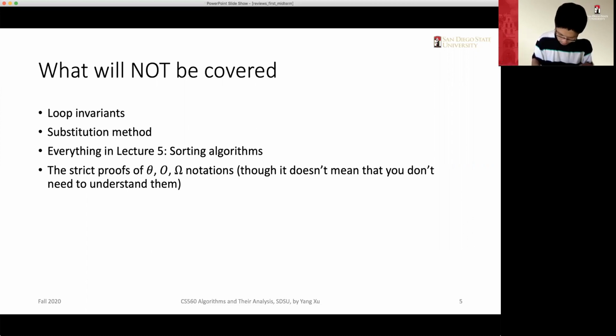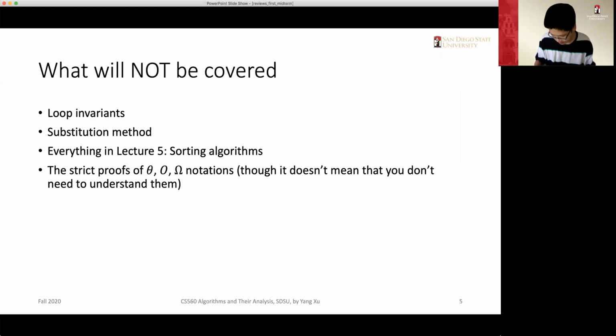If you look at the first section, which is foundations: introduction, chapter 1, getting started, chapter 2, and growth of functions.